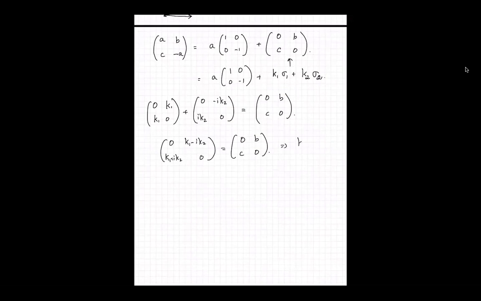This tells me that K1 minus iK2 has to be B and K1 plus iK2 has to be C. So if I simply add these two, I get K1 equals (B plus C) over 2. Similarly, K2 has to be something else. So you can substitute it in there and you can write this general 2 by 2 matrix with zero trace as something times sigma 1 plus something times sigma 2 plus something times sigma 3.